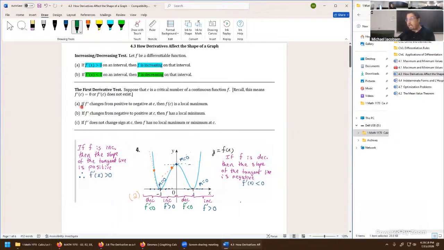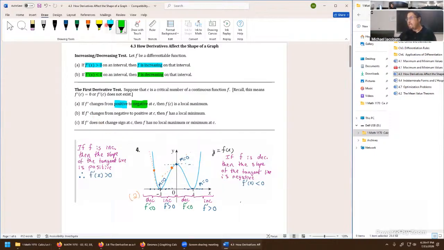It says if the derivative changes from positive to negative at a critical number c, that's where the derivative is 0, that gives us the critical number, then you have a local maximum. And here's the derivative going from positive to negative. So we went from positive to negative on that derivative, and we absolutely have a local maximum right here.